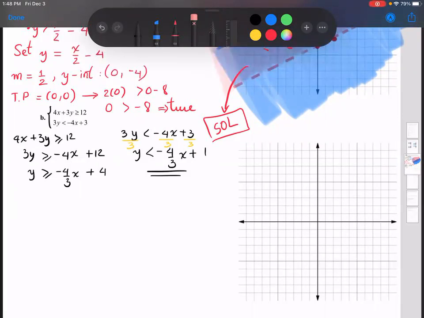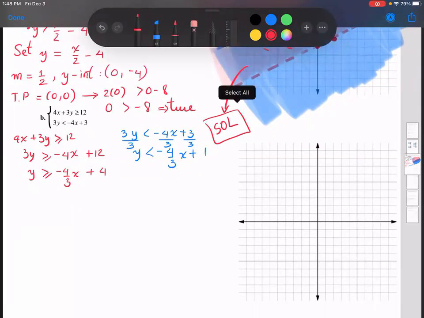I'll make this one in red and the other one in blue, so I don't have to rewrite a second time. Okay, all right, I'm good. So those are two of them.